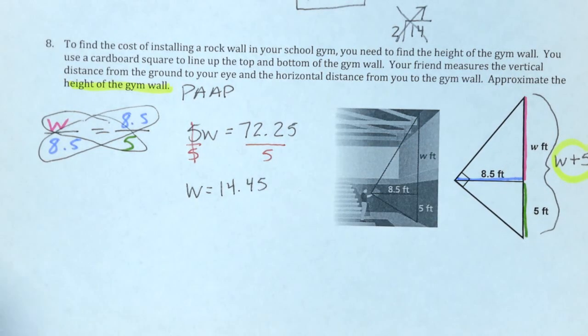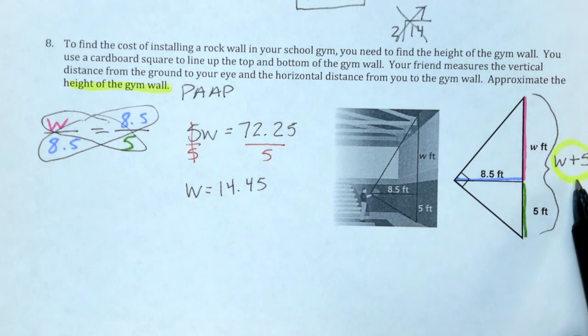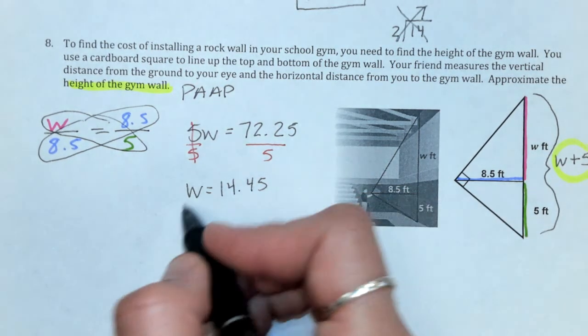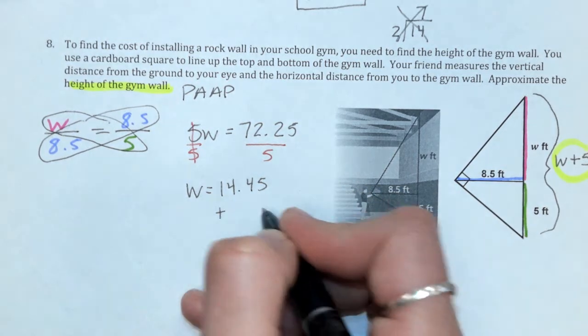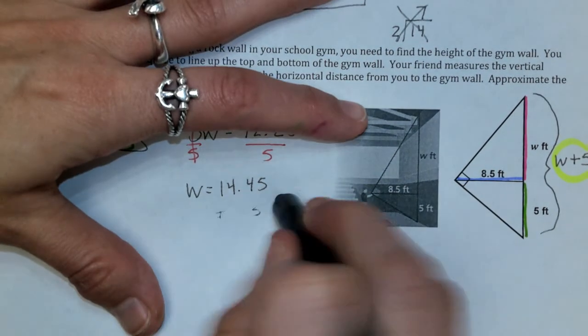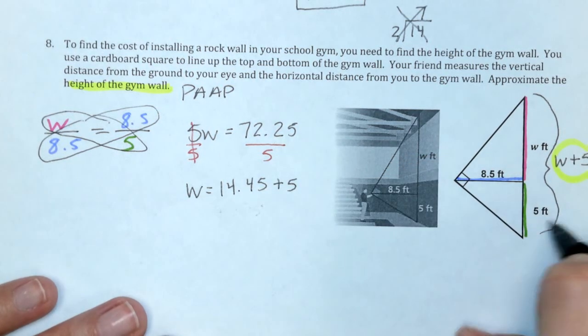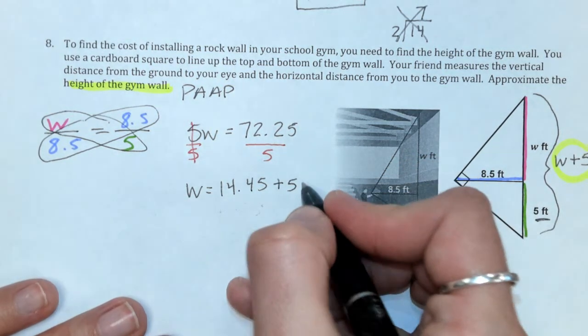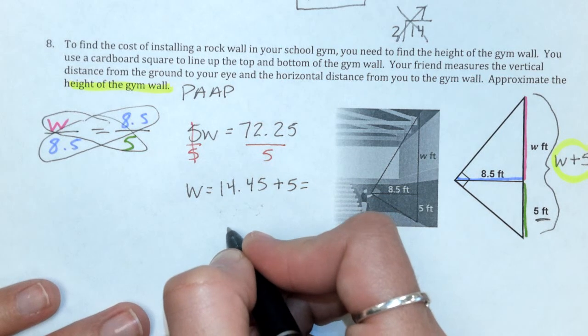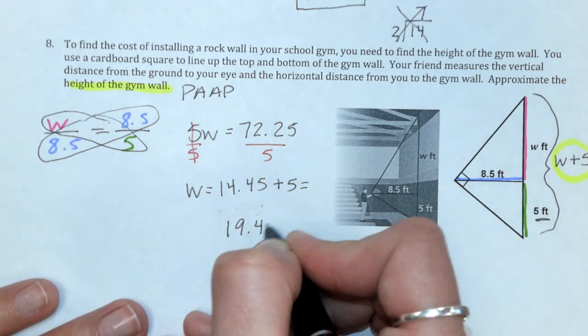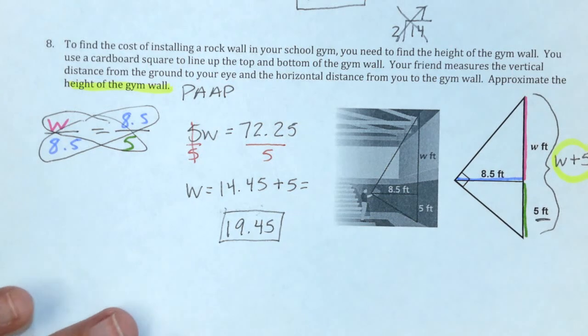This is where a lot of students forgot, even though I warned them in the video and in class, we have to take that W and add that extra 5 right here. And this is where we come up to the height is going to be 19 and 45 hundredths. There you go.